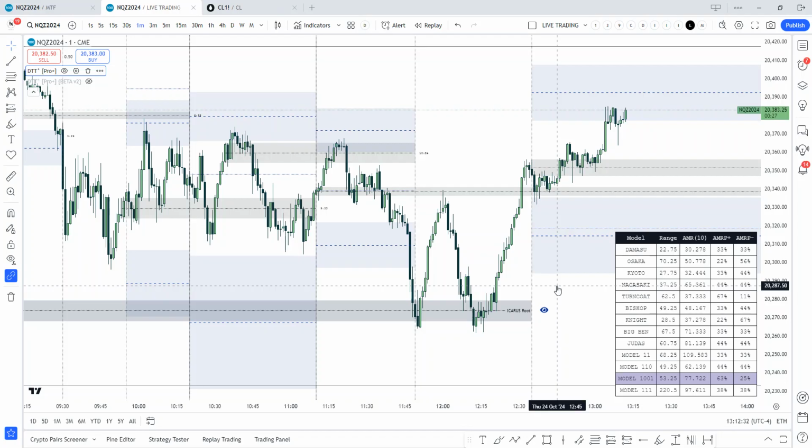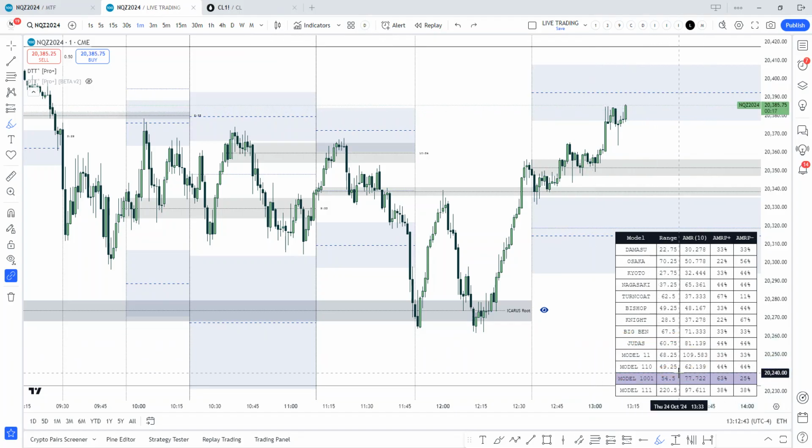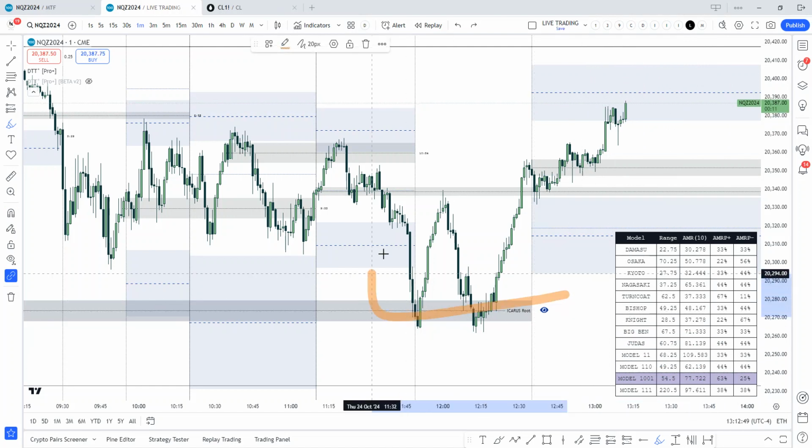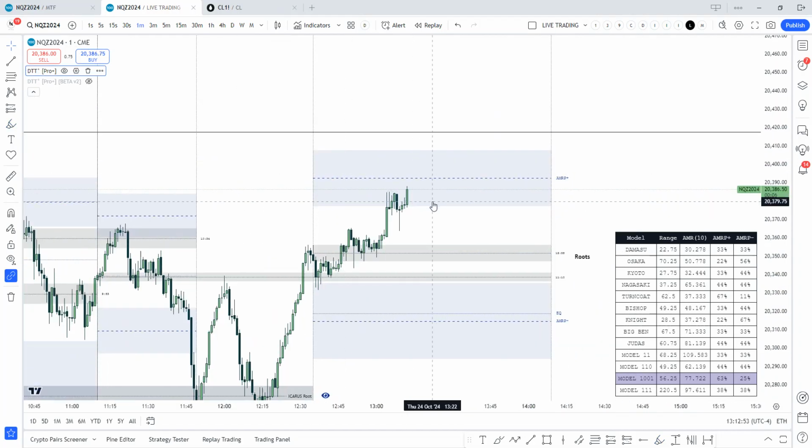And so if we start to see this build up, you can see all these models here. All of them are below their average model range. What should I be on the lookout for because of that? I should be looking out for the next model, in this case, model 1001, that we're seeing real time.